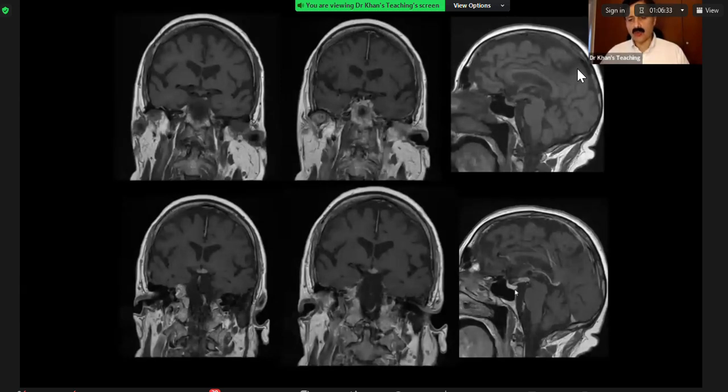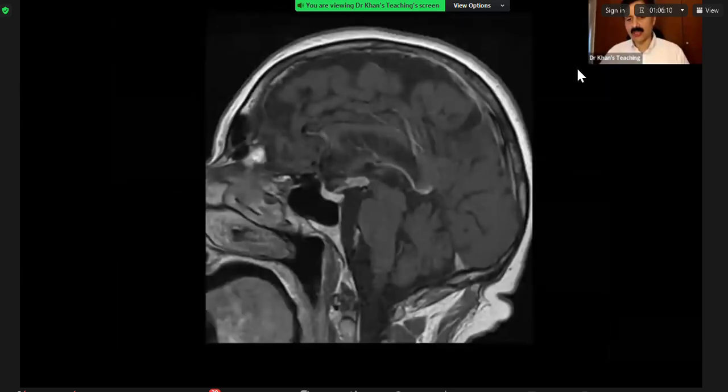And when you go for an MR, you can see that this is the sella. There is an enhancing focus at the hypothalamus. Just like the first case which you saw today, which was in the tumor chapter, the hypothalamic hamartoma. So this is a glioma of the hypothalamus, and it is showing enhancement.